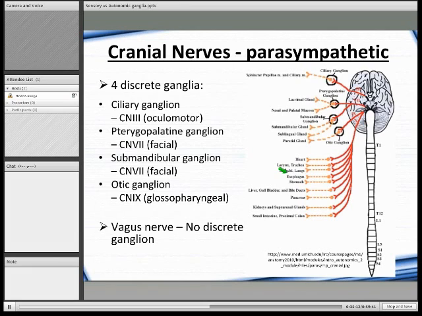The glossopharyngeal nerve synapses at the otic ganglion. The vagus nerve, which is also a cranial nerve, cranial nerve 10, does not have its own discrete ganglion, so it acts like the rest of the parasympathetic nerves, and it synapses on the walls of the organs which it innervates.